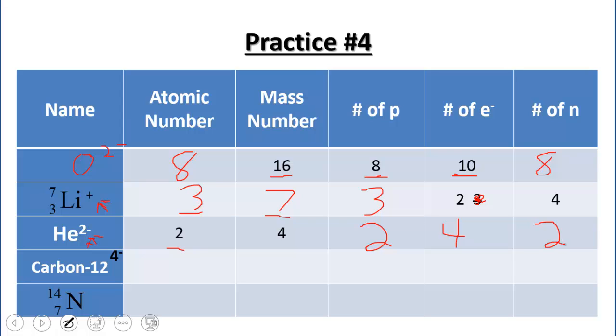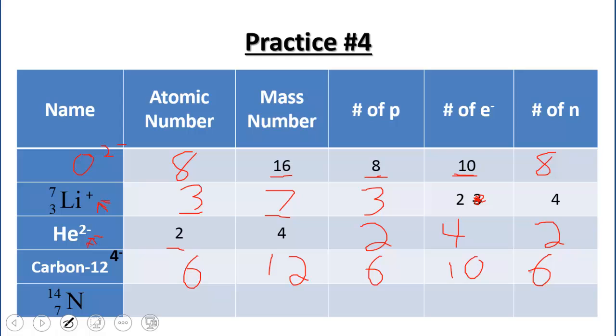Carbon 12 with a -4 charge, atomic number for carbon is 6. Mass number for carbon 12 is 12. And then from there, number of protons, carbon has to be 6. Now to get that -4, we would need 10 total electrons. And our last step for carbon is to get 6 neutrons, mass number minus atomic number.